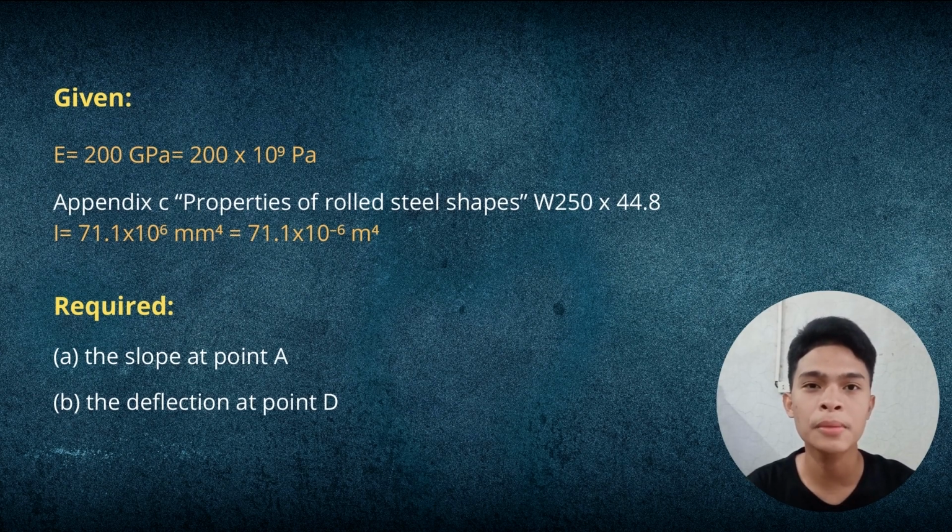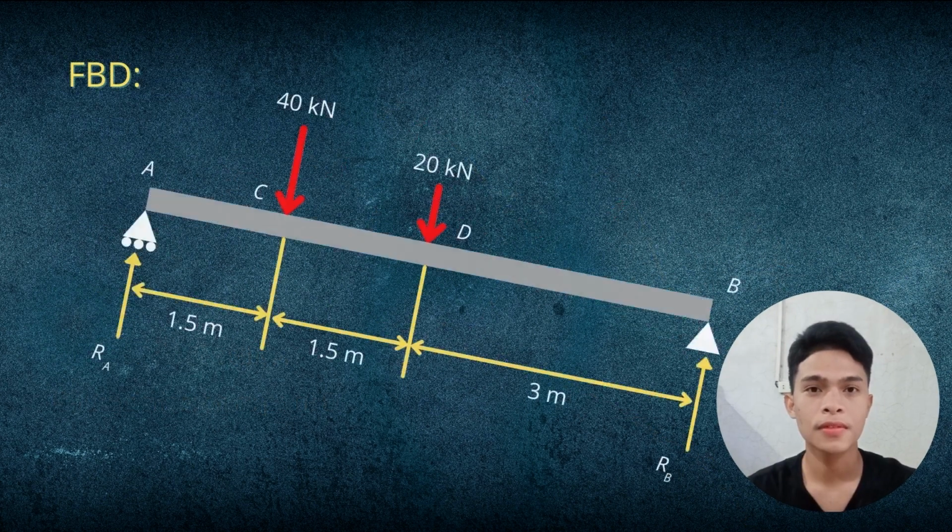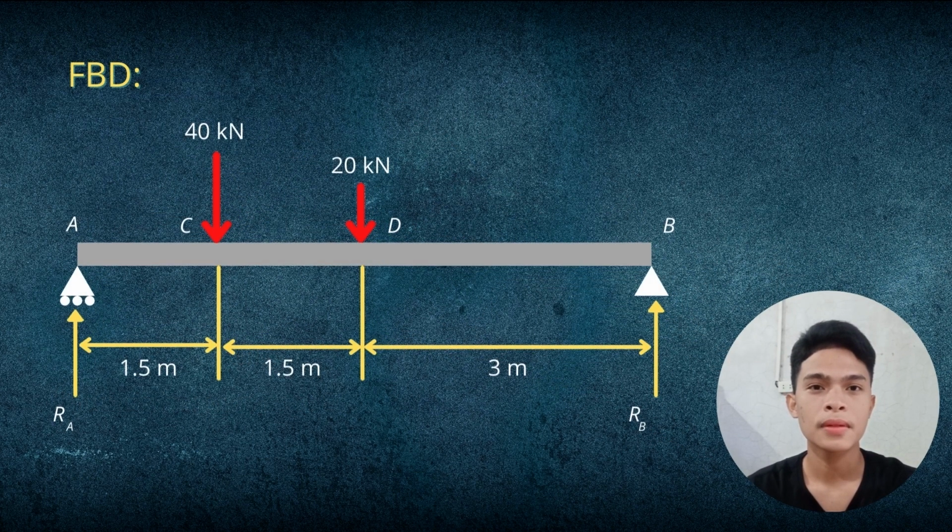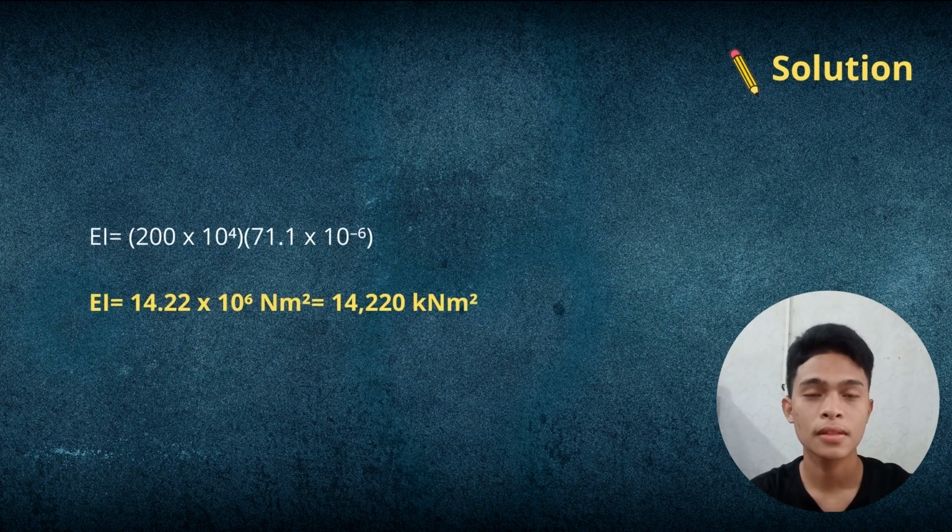The required of the problem are θA, the slope at point A, and yD, the deflection at point D. For the solution, first, here is the free body diagram from the given problem. Solving, EI is equal to 14.22 times 10 raised to 6 Newton meter squared or 14,220 kilonewton meter squared.